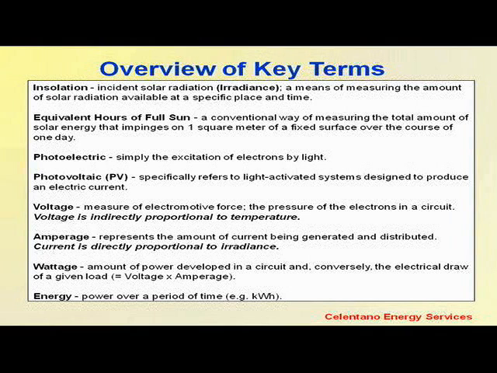So if you thought about the width of the river and the speed of the flow, that would be voltage times amperage. In that case, it would be the total amount of water molecules passing a given point in the river. Here it's the total amount of electrons passing a given point in the circuit. And then energy, which is power over a given period of time.